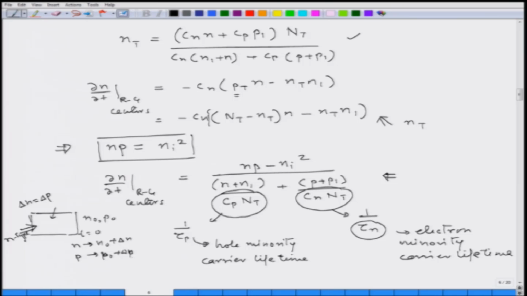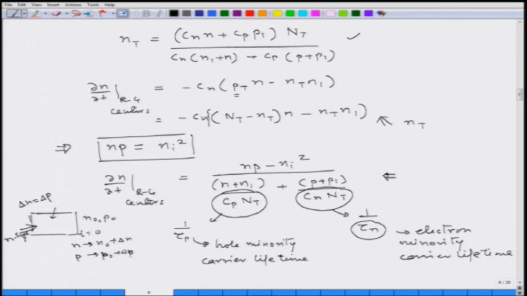So, when I have increased the electron and hole concentration in an N type material, excess electrons are not changing the concentration of the electrons which are there already in the material, but the excess holes that I have put in are changing the minority carrier concentration to p0 plus delta p.